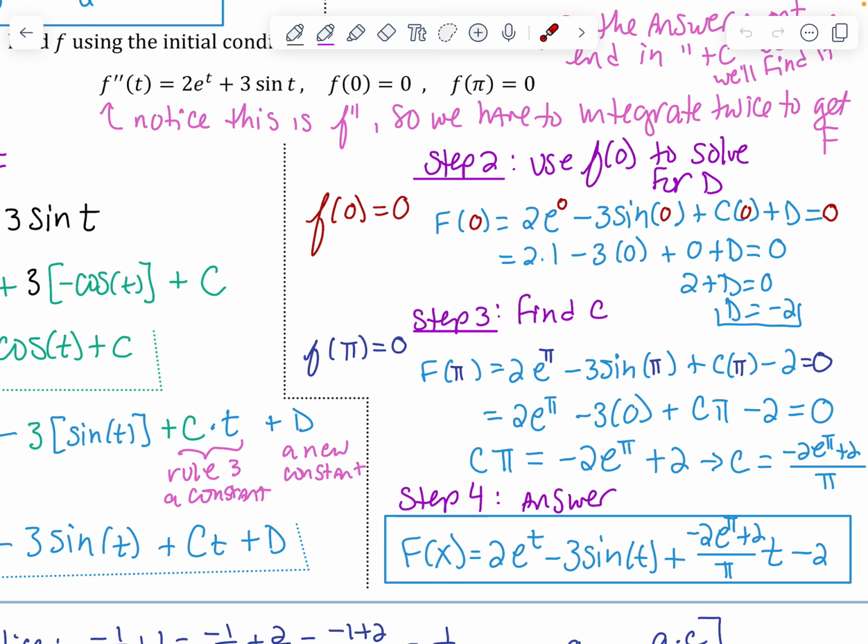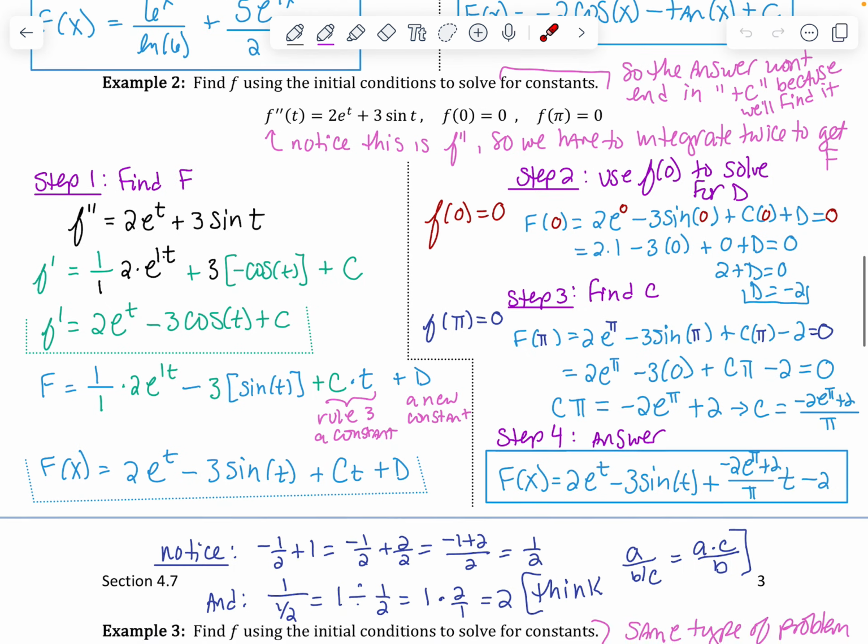This was gone. I can add the opposite, which would be a positive 2 to the other side. And now, to solve for c, I'm just going to divide everything by pi. So I need to go back to that answer I had, 2e to the t minus 3 sine t. And where I had c times t, I found this crazy looking thing for c times t and plus d, but we had found d to be negative 2.